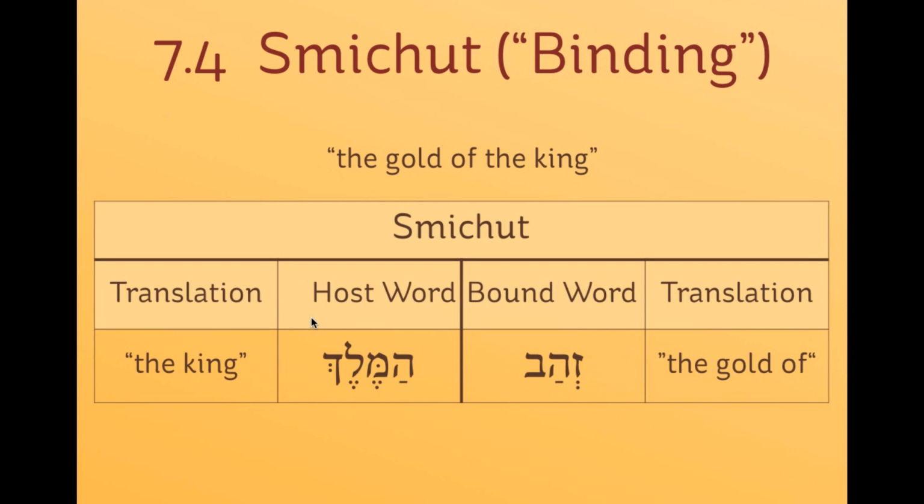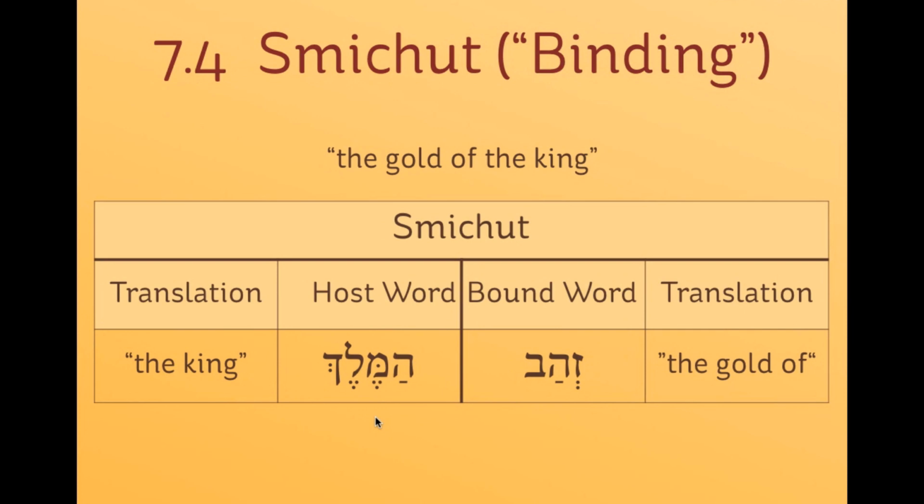The other way that a smichut binds two words together as one word is in pronunciation. This is pronounced like one big long word with one word accent right here. And so in order to get to that word accent and hit it right there at the end of the word, you have to pass lightly over these initial syllables.